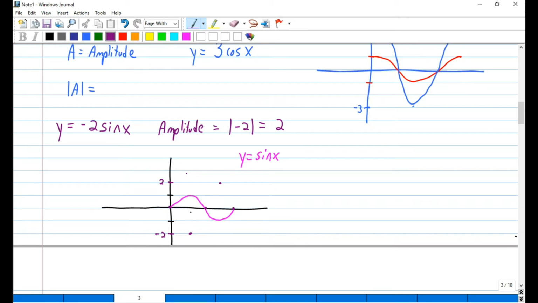So this graph is still going to start here, then it's going to go down, then up, then back down. So if I take away y equals sine of x like that, there's y equals negative 2 sine of x. So negatives in front of every trig function actually will flip the graphs.